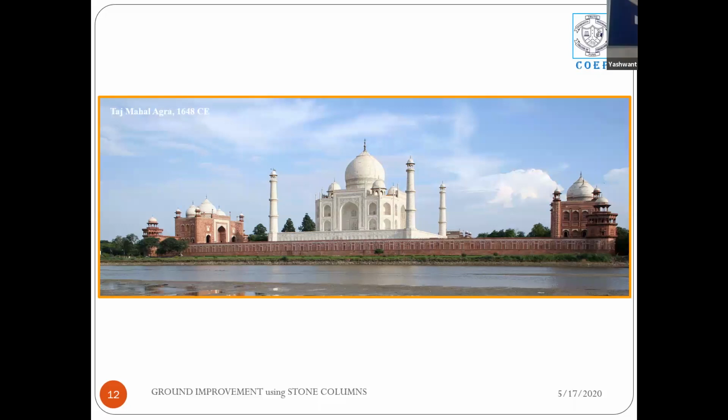Now, when we look at all these magnificent structures which are still standing, we come to know that the ground below them, on which they all are standing, is firm, sound, and stable. Now, with gradual entry into the 19th century, there was a population explosion, and as everybody knows, before the 19th century most of the constructions were done by army people.